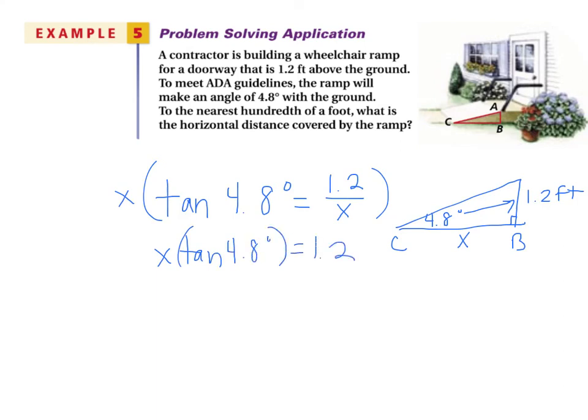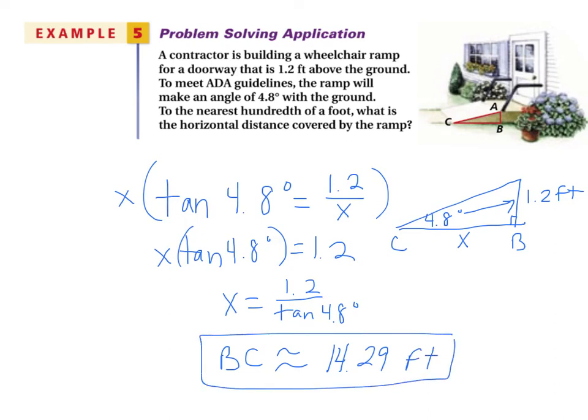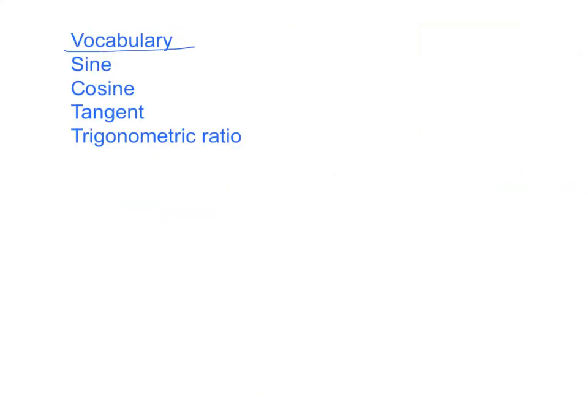I then divide by tangent of 4.8 degrees, and the length of BC would be approximately 14.29 feet. And that would be the horizontal distance covered by the ramp. Your vocabulary for this section would be sine, cosine, tangent, and trigonometric ratio.